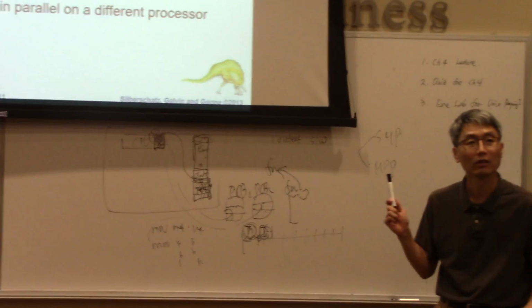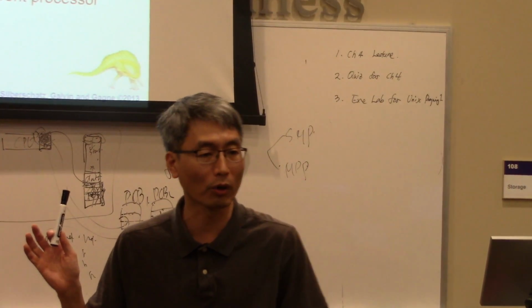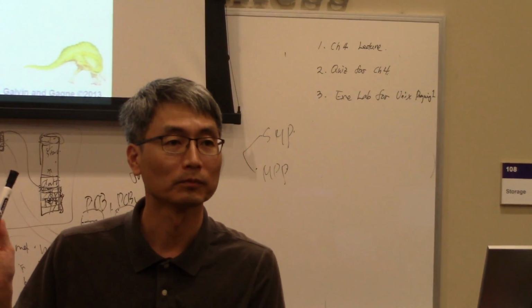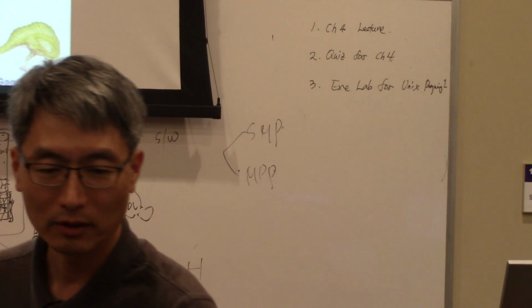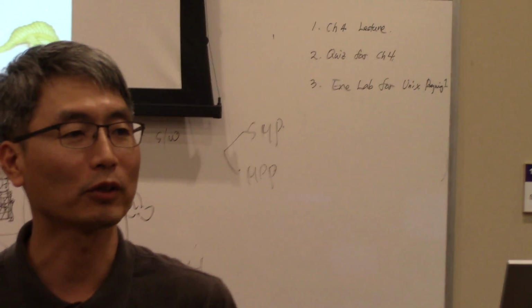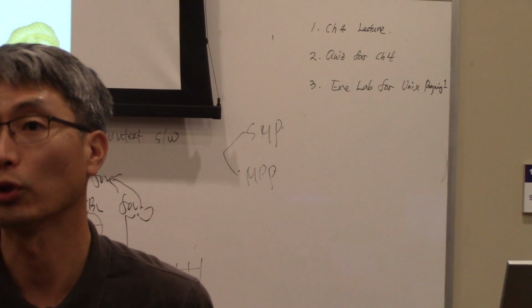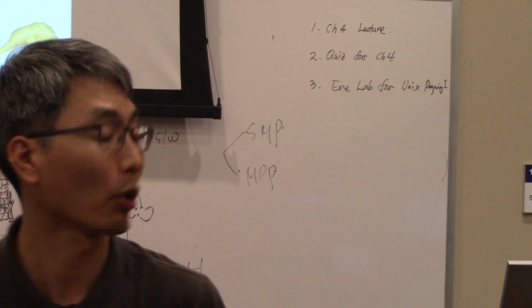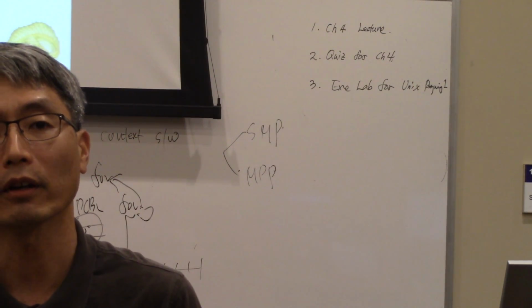symmetric multiprocessor. For example, how many of you are using a dual CPU? Anyone? Suppose that you have two CPUs. Some laptops have dual CPUs, not dual core. Dual core we will talk about later. Dual CPU, two CPUs.